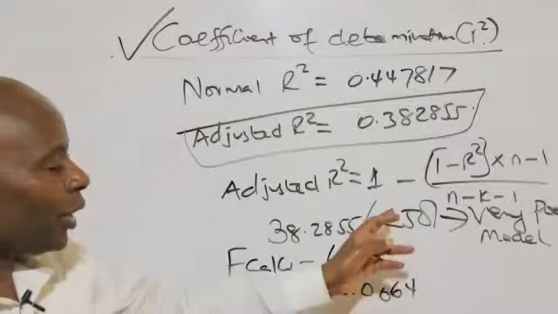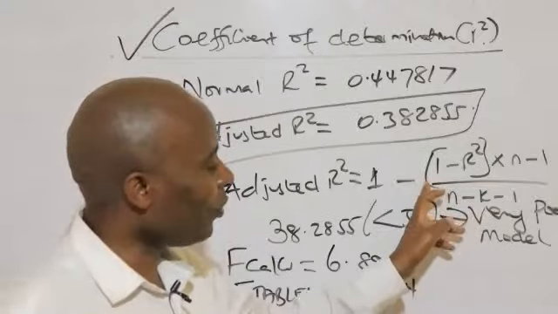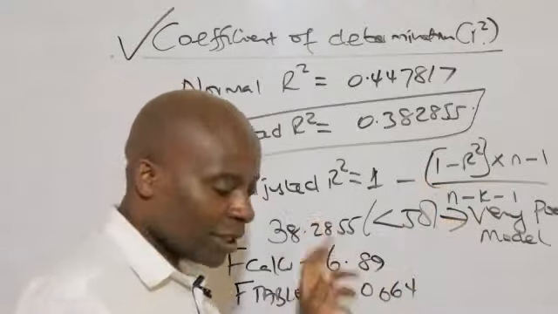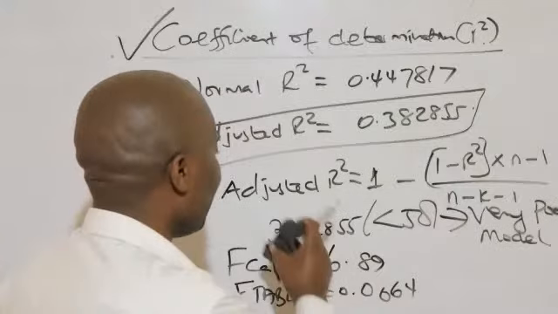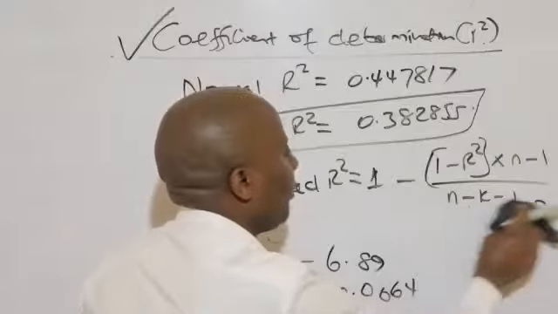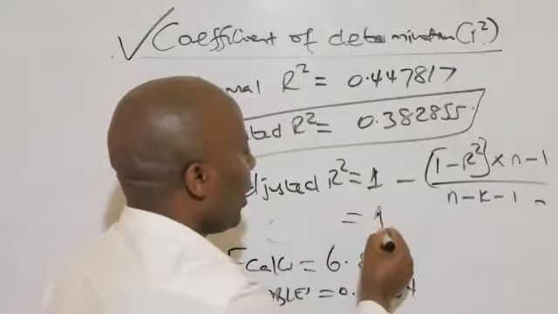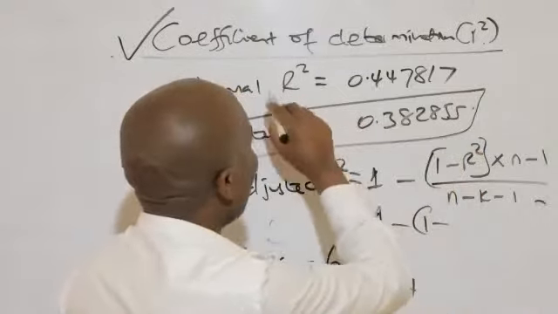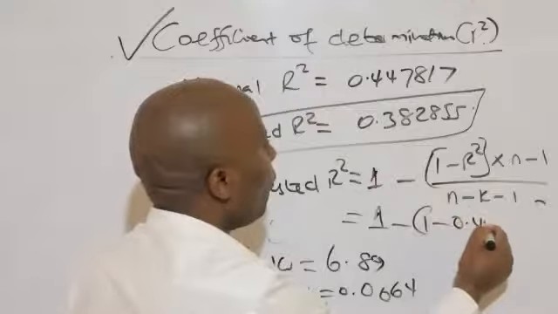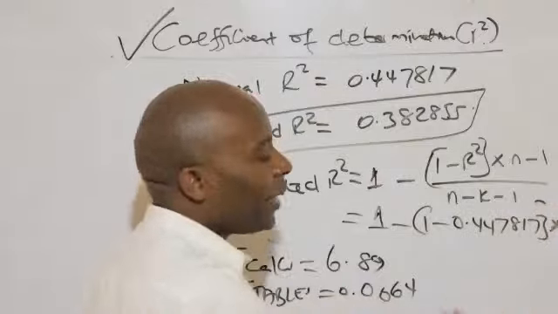And this formula, I would expect you, great students of mine, to try later. You can even do it right now. It doesn't have really anything much. So we have 1 minus, in brackets, 1 minus the normal R square. The normal R square is 0.447870 multiplied by n minus 1.